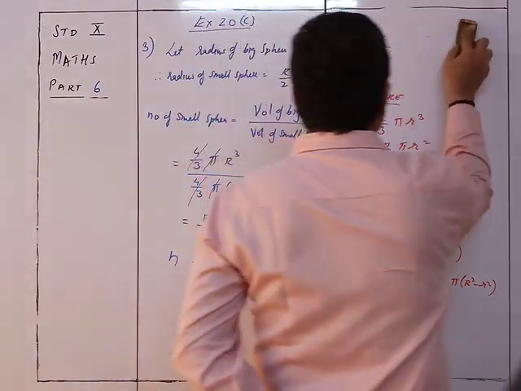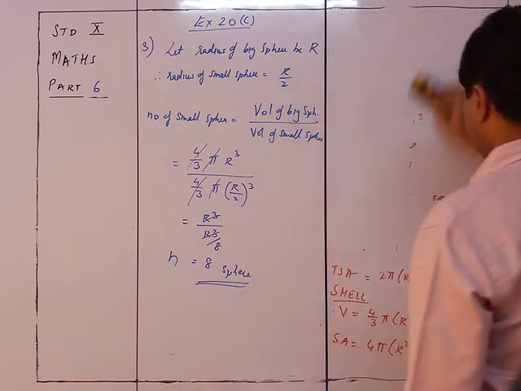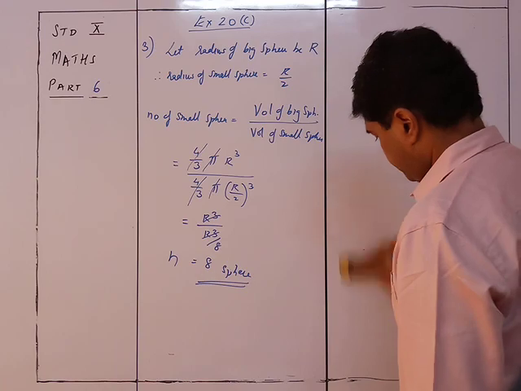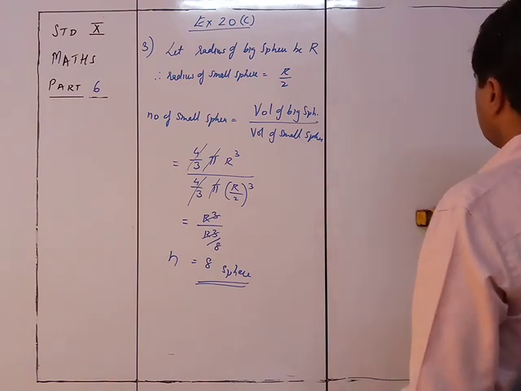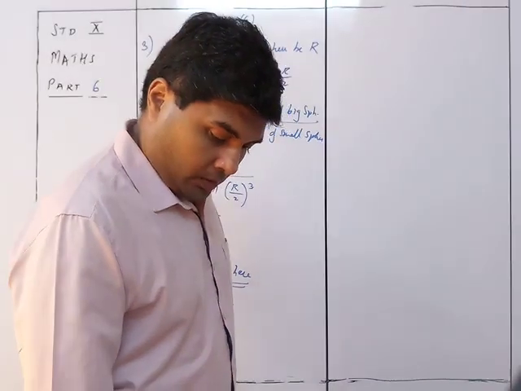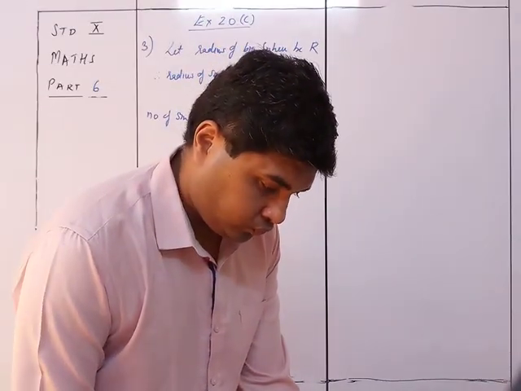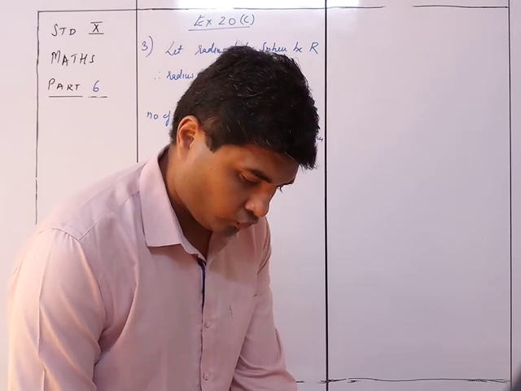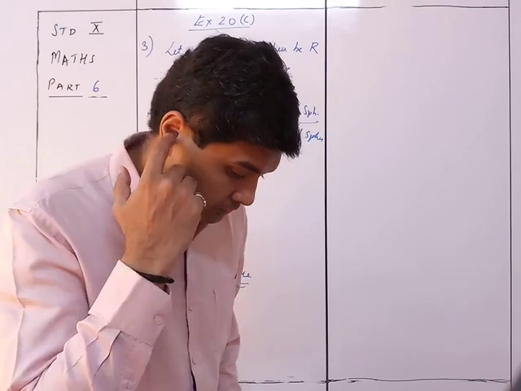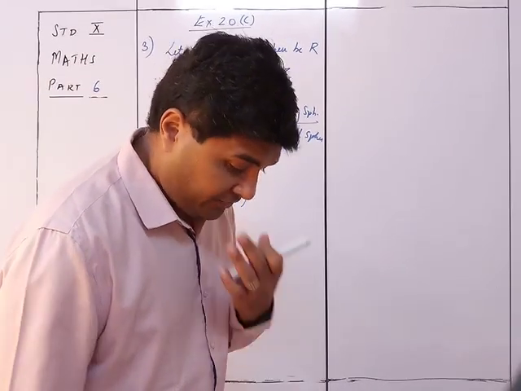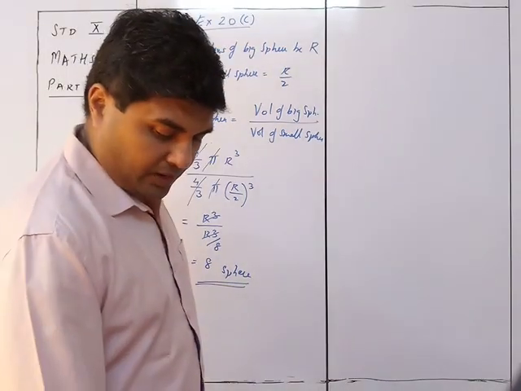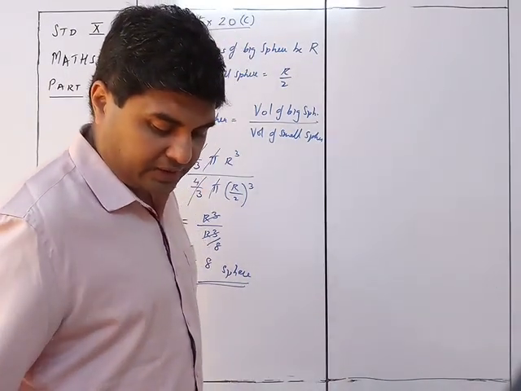We now move on to sum number 5. 8 metallic spheres, each of radius 2 mm, are melted and casted into a single sphere.